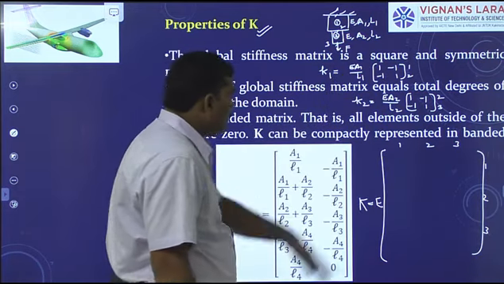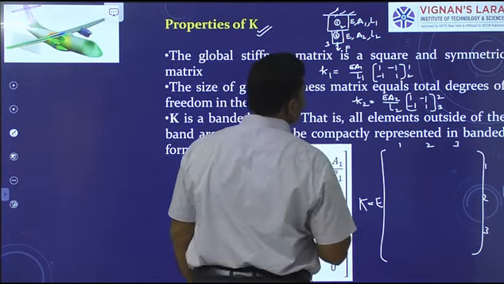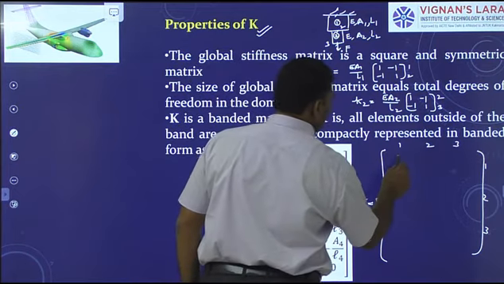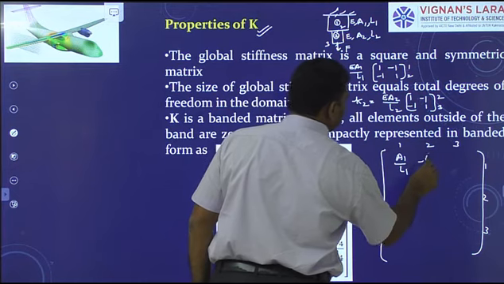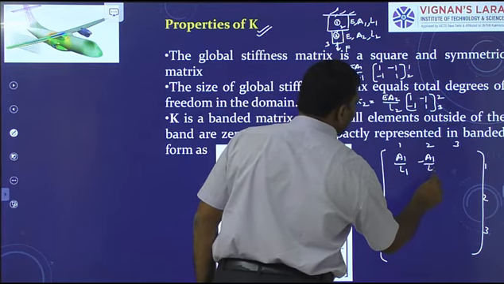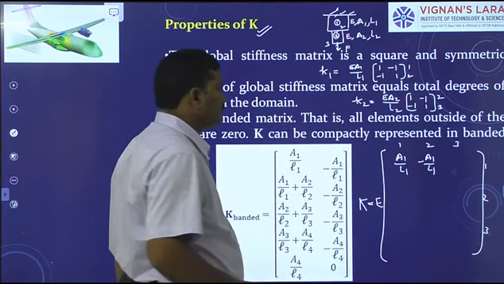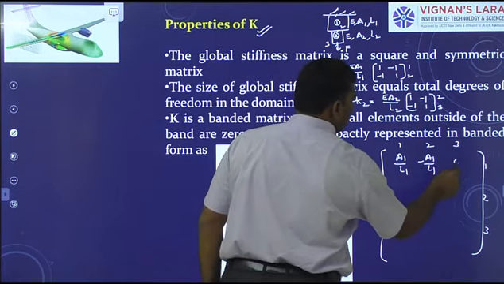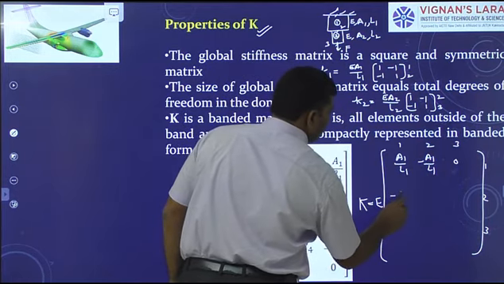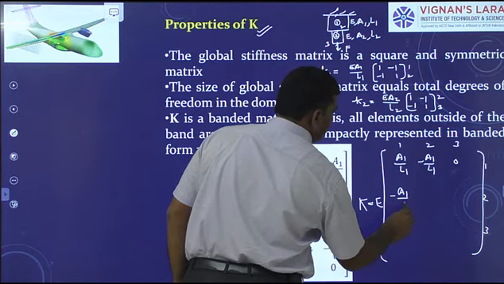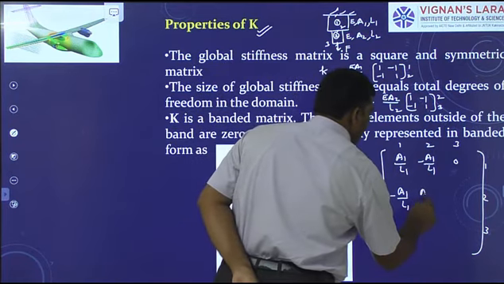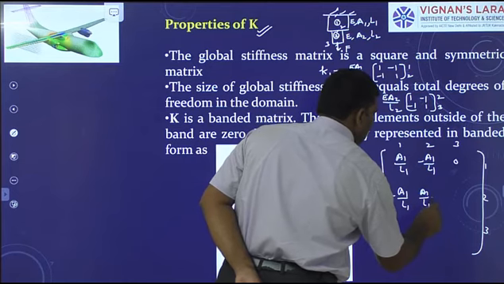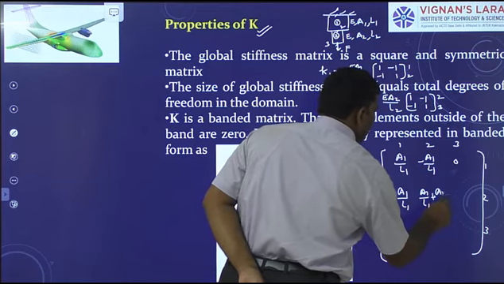You get the element in the 1 by 1 location, that is, A1 by L1, you know it. Here you get minus A1 by L1, because E is outside now, E is common. And you get 0 here. And here you get minus A1 by L1. Okay, here you get A1 by L1 plus A2 by L2.